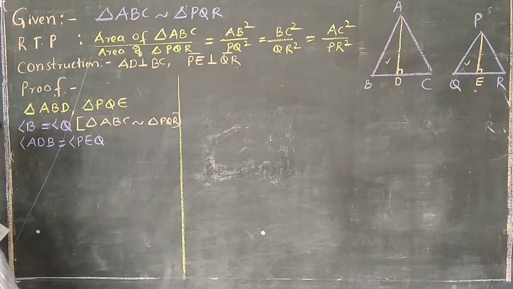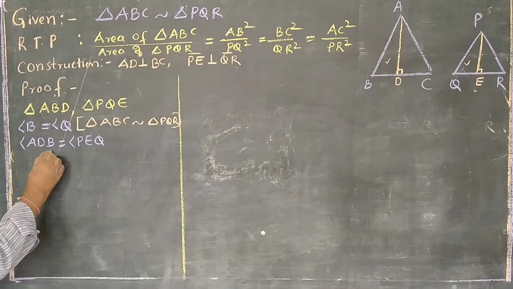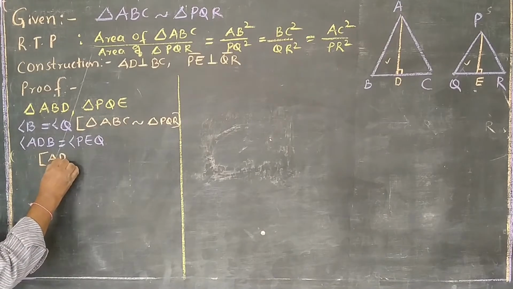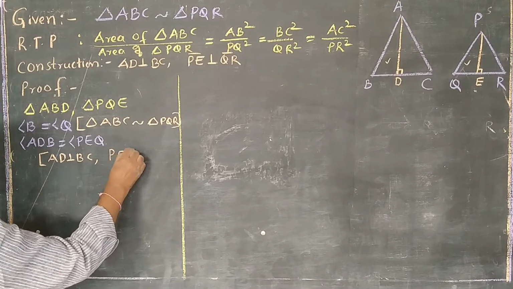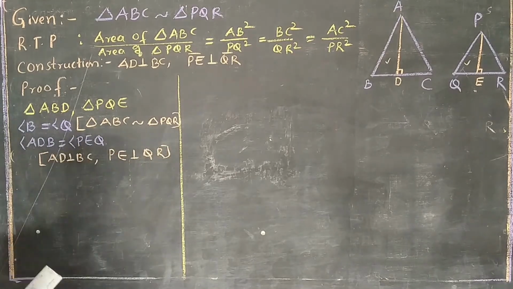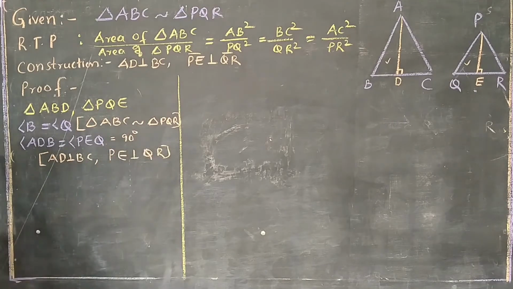How are these two equal? The reason is that we constructed AD perpendicular on BC and PE perpendicular on QR. That means here are right angles. These two are right angles, 90 degrees. Both are right angles. So what happened?